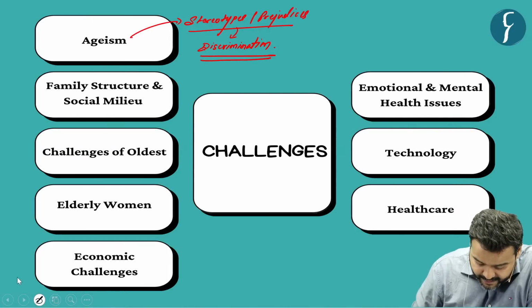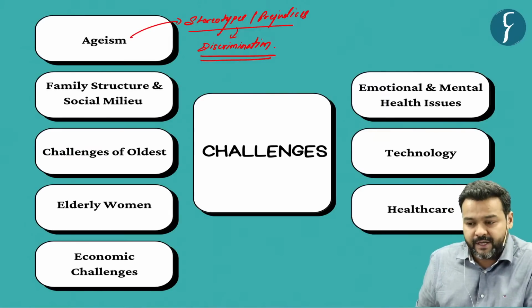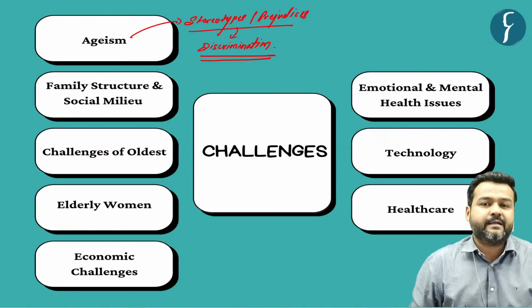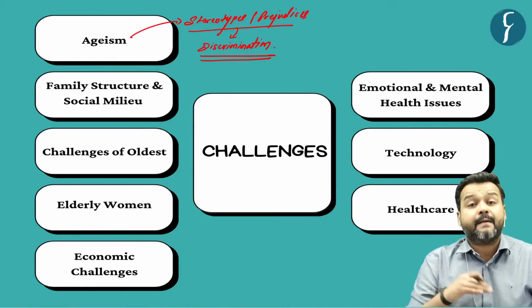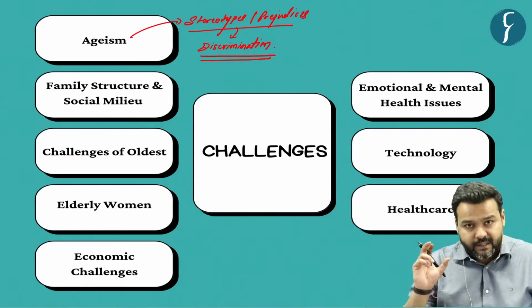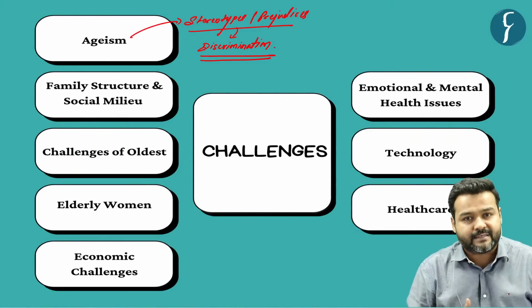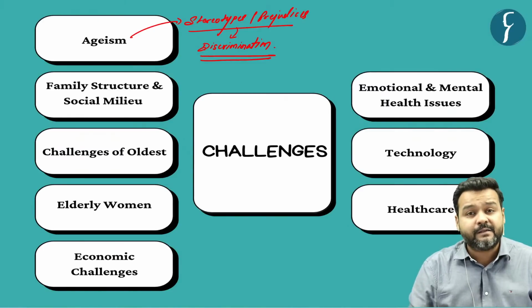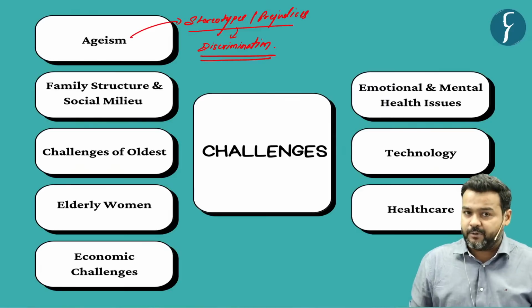Basis is age itself, where we look at the person who is older or elderly as a non-productive entity, and rather than looking at them as a person who needs care and constant support, they become a liability for someone. So with this attribute, these stereotypes create a discrimination against them, and it is based on age. The moment you see an elderly person, the first thing that comes to mind is that this person is not productive and more of a liability.